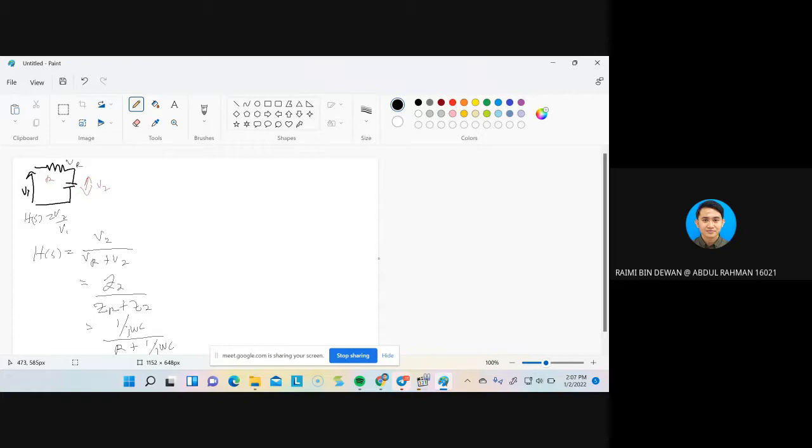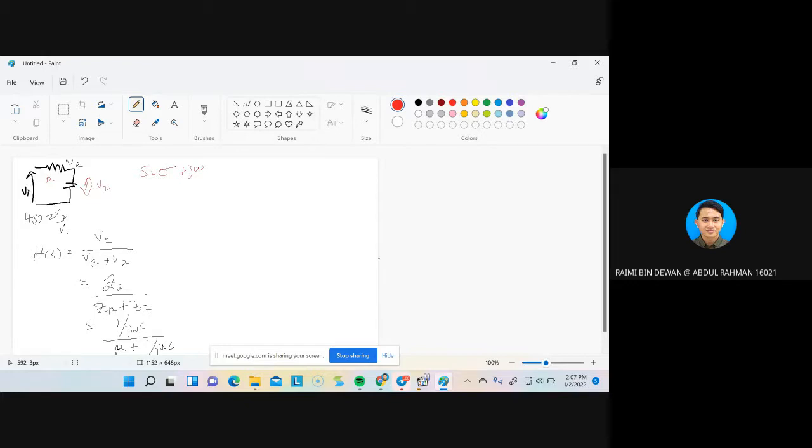Here we introduce this, which we know that S equals sigma plus j omega. I forget this pronunciation.